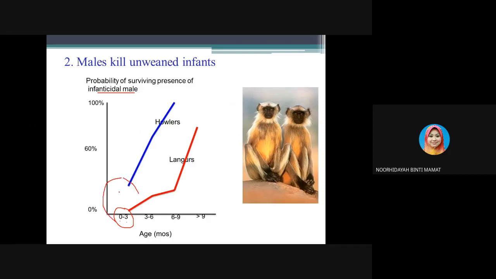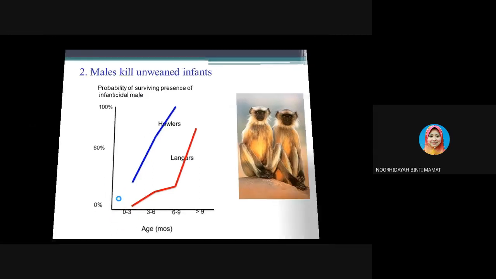But if the infant can survive up to more than 9 months, it will have higher chances of surviving, because the males always kill the unweaned infants in the infant group.